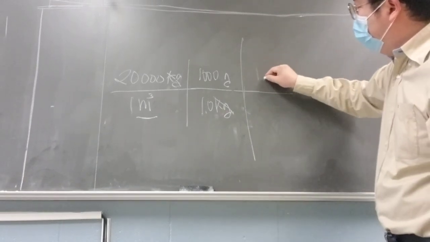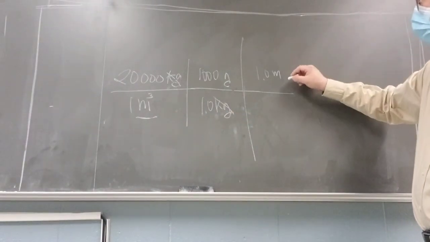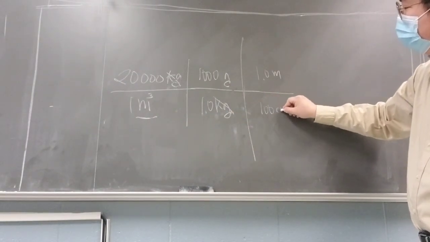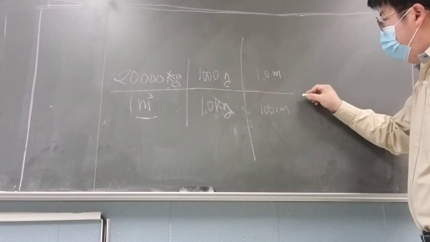So I'm gonna do it the other way. I'm gonna put the 1 meter on the top this time, because we're going backward now, and also we're gonna put 100 centimeter at the bottom this time, because we're going the other way than we did before.